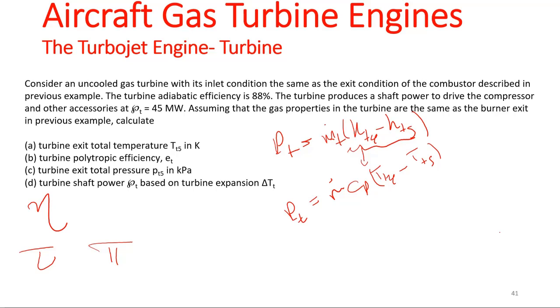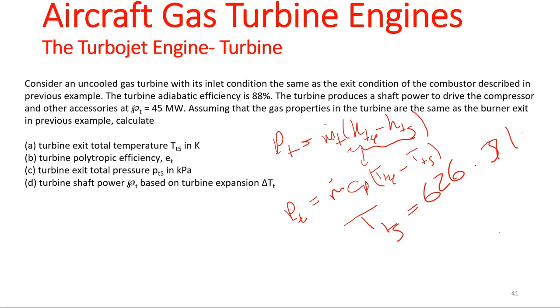Make sure you don't confuse them. 626.7, exactly. So the Tt5 is going to be 626.7 Kelvin, as Ryan mentioned.